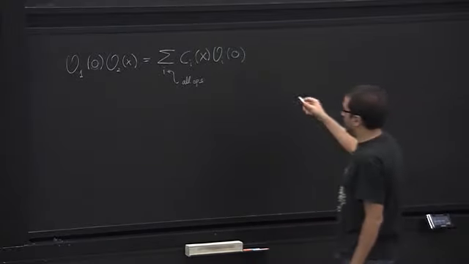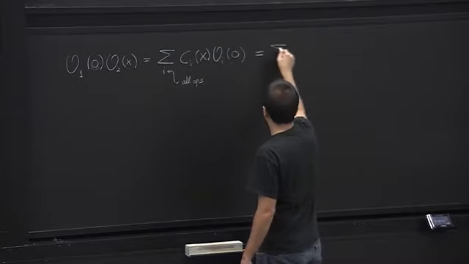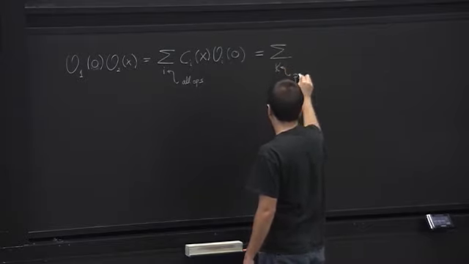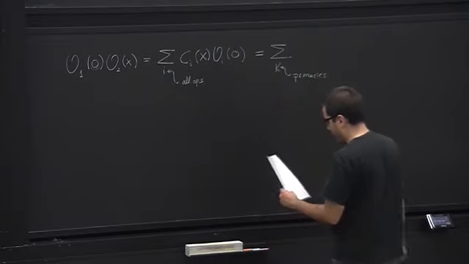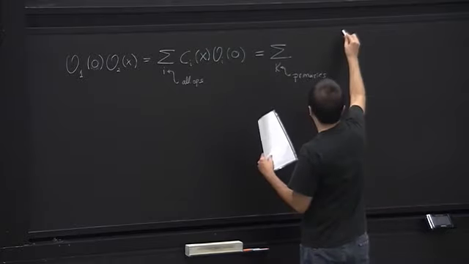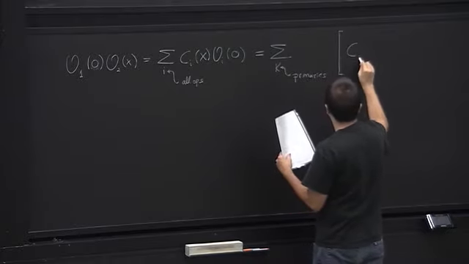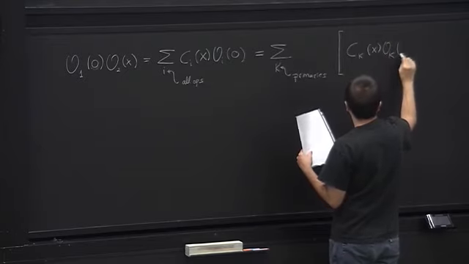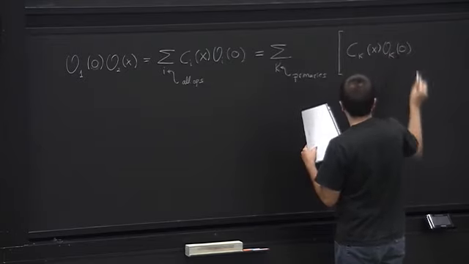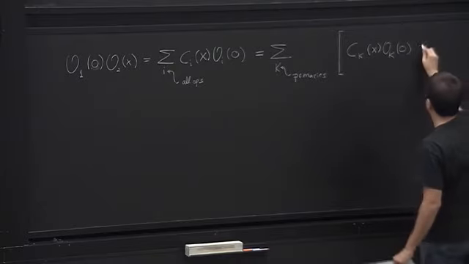So it is very promising, and we should separate this into a sum over primaries k, and then we will have some C_k of x times O_k at 0, plus then we have a descendant.